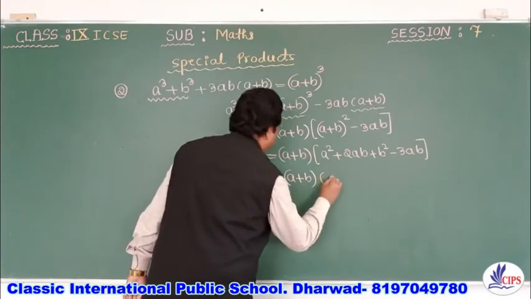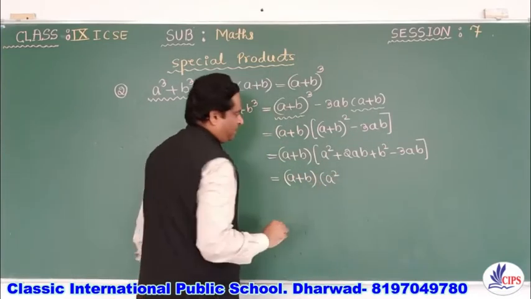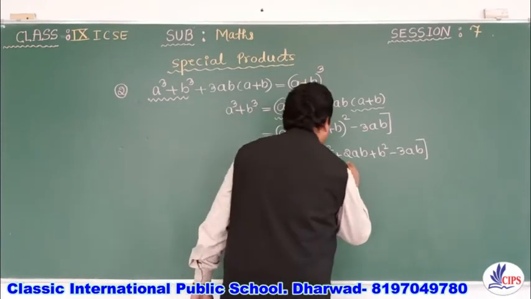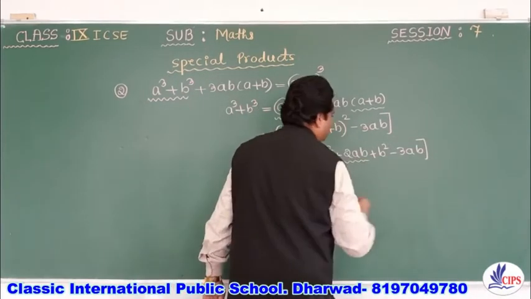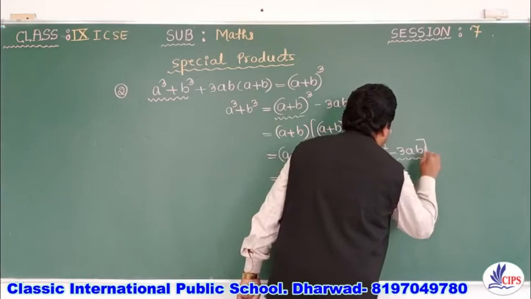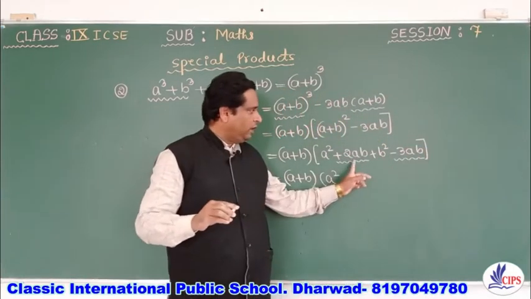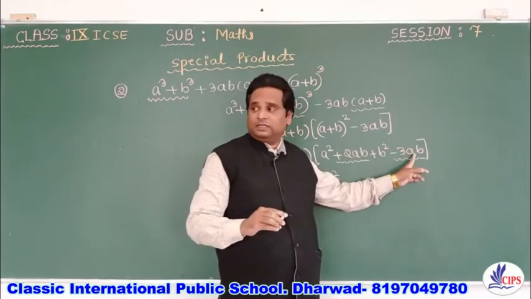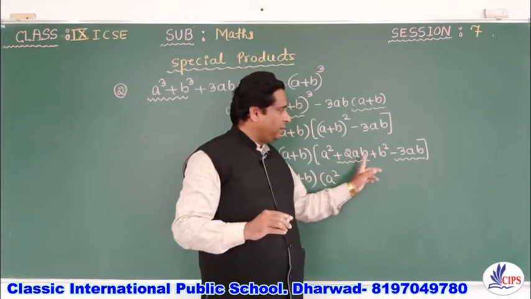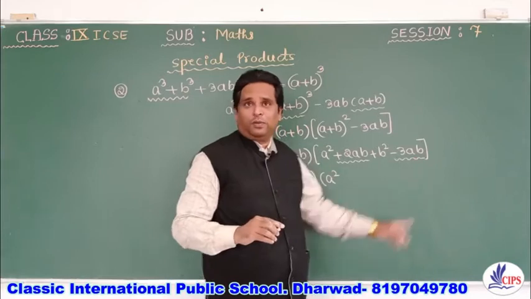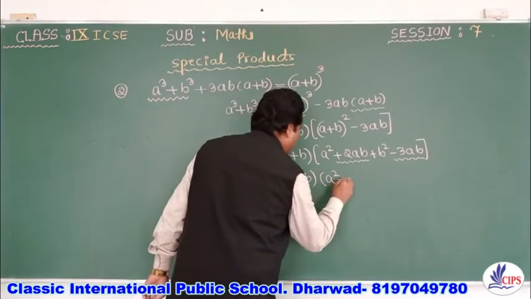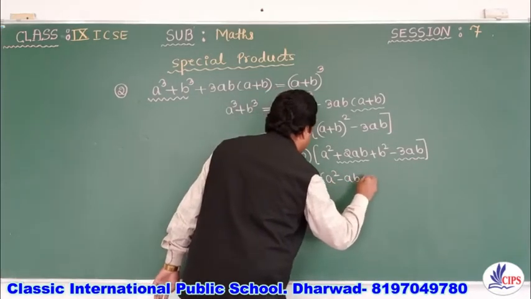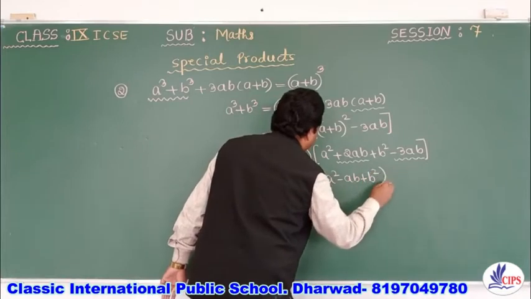I'll write a² as it is, and here we have two like terms: one is plus 2ab, another is minus 3ab. Plus 2ab minus 3ab, what is that? It will be minus ab, plus b².